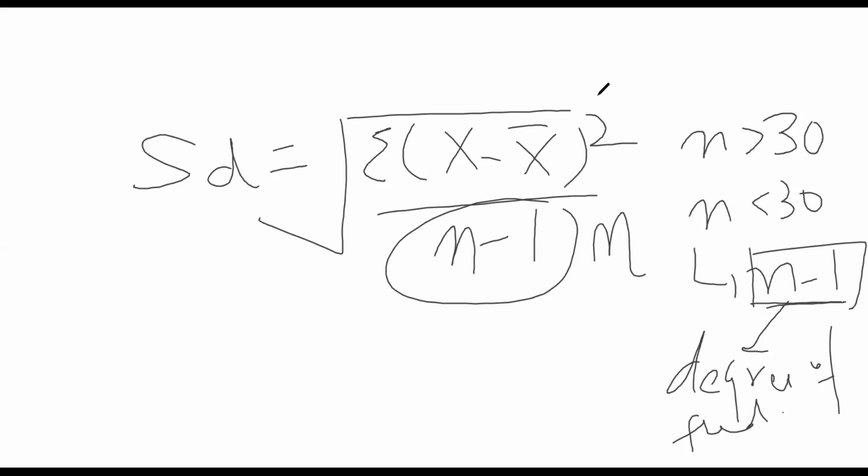Before taking an example, let us discuss whether standard deviation is parametric or non-parametric. It is definitely a parametric test. Why? Because standard deviation is around the mean, and we have discussed that mean is a parametric measure, so standard deviation would also be parametric.